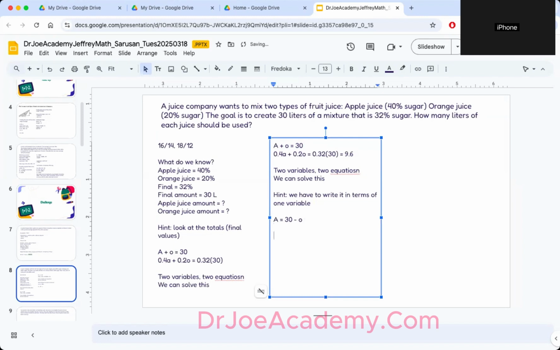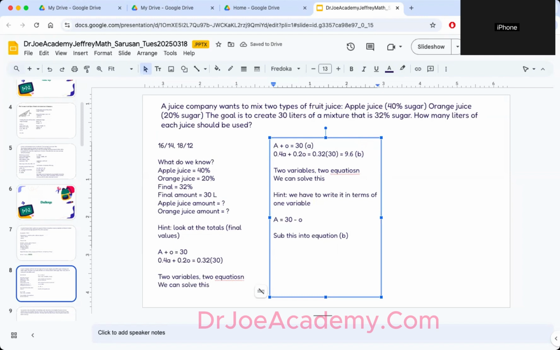Now, using this new equation, we can sub this into the second equation. I'll call this one B, and this one I'll call A. So we can sub this into equation B. What would that look like?